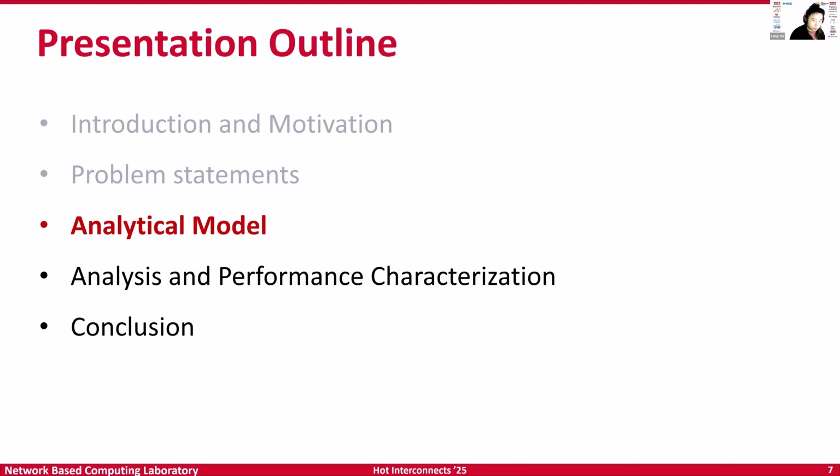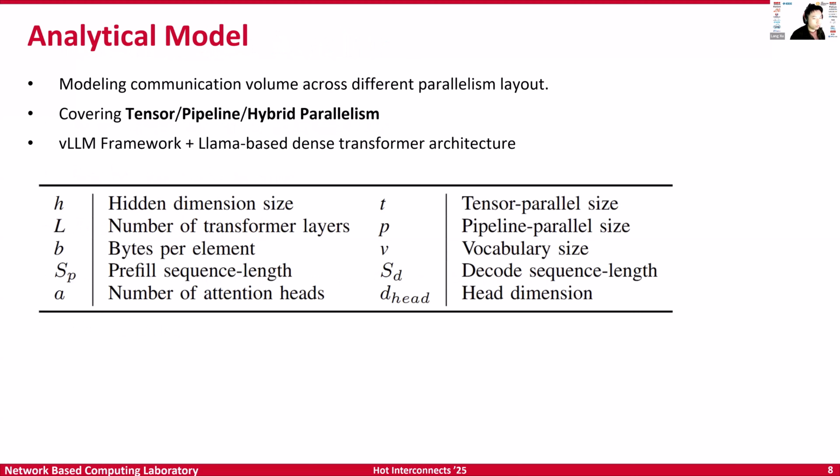So let's get into the pretty technical part, where we look at some variables and try to derive the actual formula for the communication volume, the analytical model part. Some words ahead: we are going to model the communication volume across different parallelism layouts.